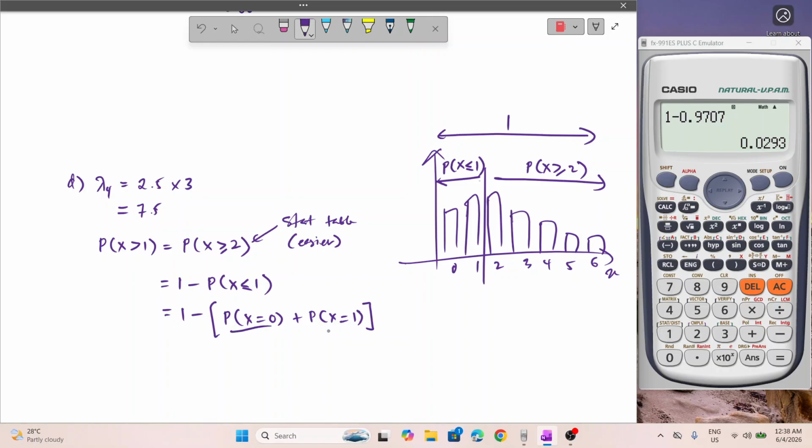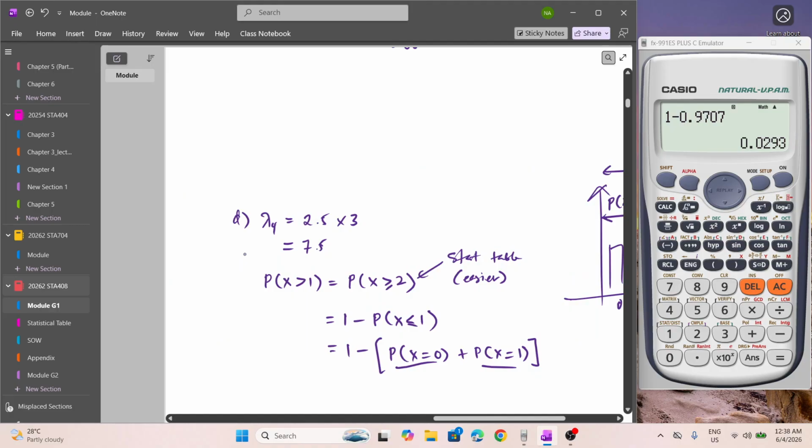And you have to calculate this manually, and then you will get the answer. Okay, this is by using the formula, but if you use the statistical table, of course, we can get the answer.